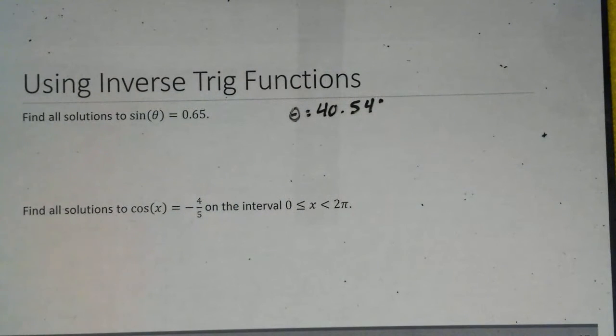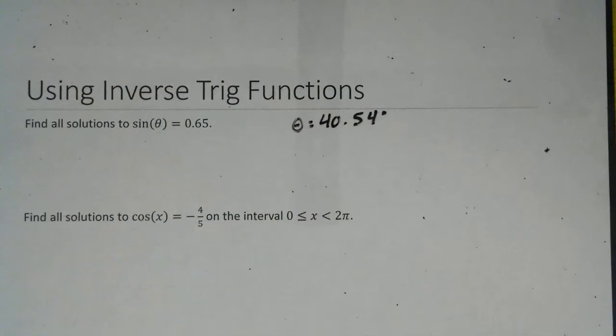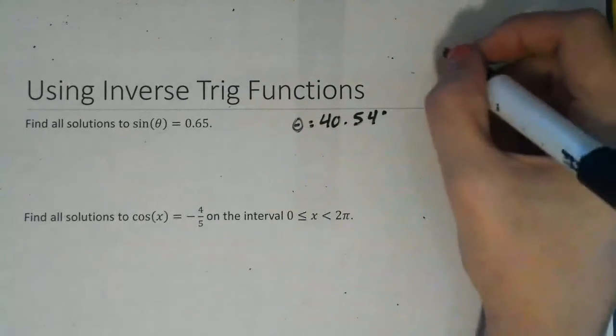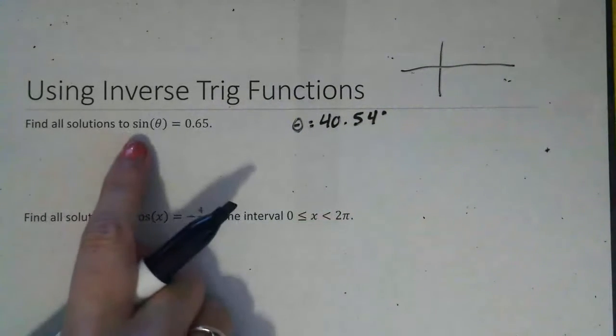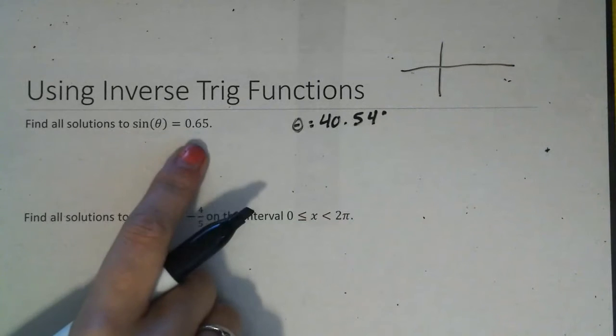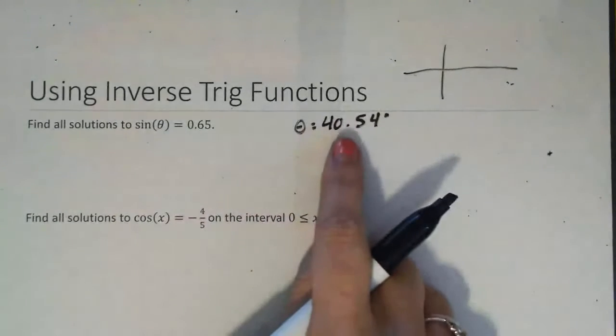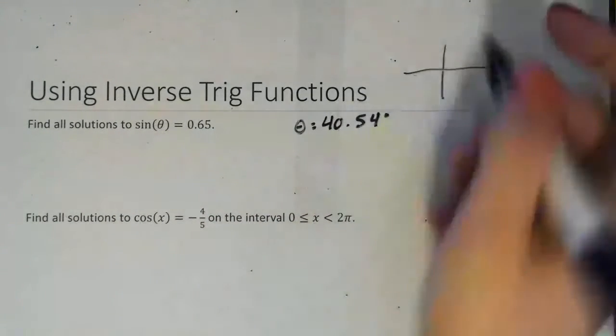What my calculator isn't telling me is that there's another solution in quadrant 2. I have to find that for myself. For my angle to have a sine of 0.65, it has to have the same reference angle.